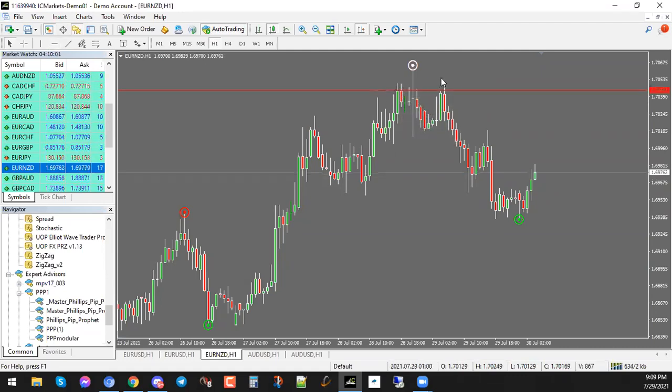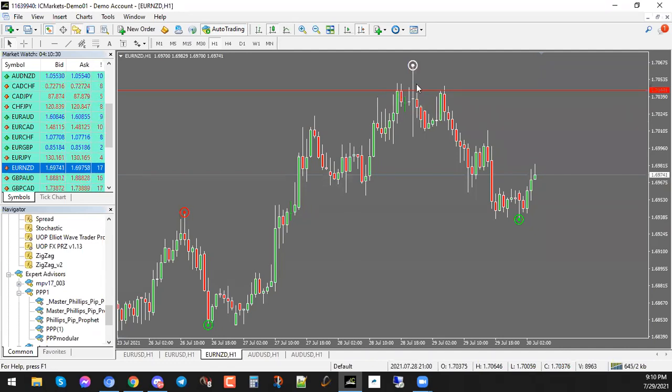I don't like using the wicks when I look for horizontal support and resistance. Okay, so here you can see that I have placed a horizontal line on the highest close or open price to where I got my white dot.